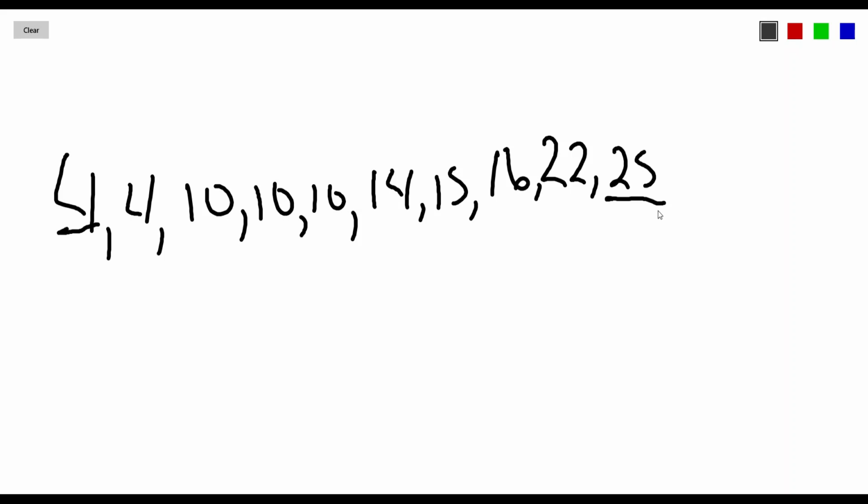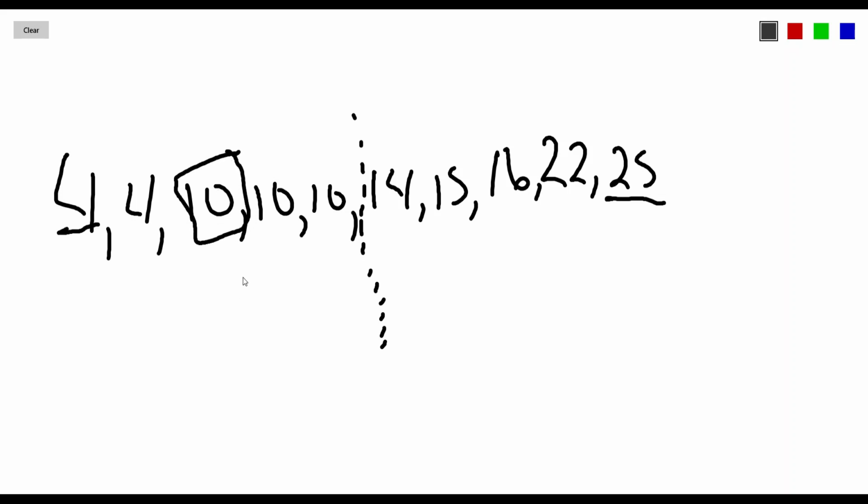Lower quartile. Again, we want to split this up in between. We want to split it between the 5th and 6th because we have 10. That's where we have a natural split. Lower quartile, since we have 1, 2, 3, 4, 5 on each side, will be the 3rd number here.